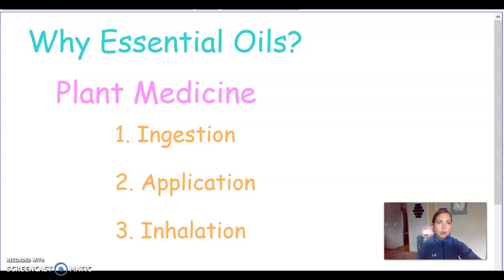And it was really fun researching how essential oils are actually used, how the chemists create the essential oils and get the essential oils out of the plants. And it was just kind of fascinating.